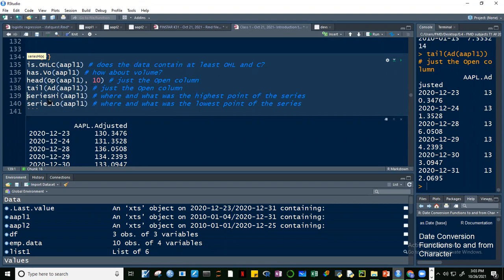The function series high tells us when was the highest point of the series. From January 1, 2010 up to December 31, 2020, on which date did Apple One experience the highest high price?